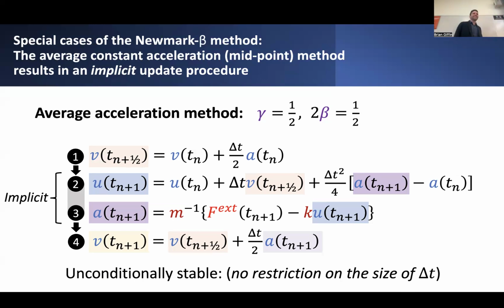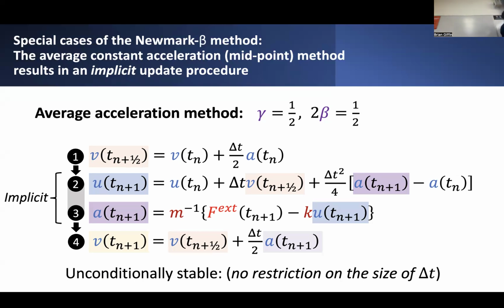And the paradox here is that we don't yet know the acceleration at time tn plus 1. Hopefully, we could determine that in step 3, but only if we had already determined what the displacement at time tn plus 1 was.